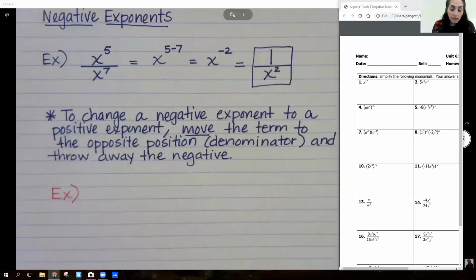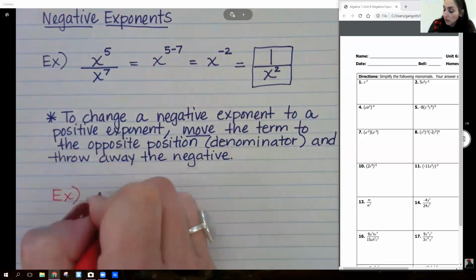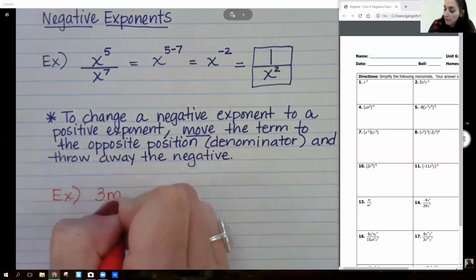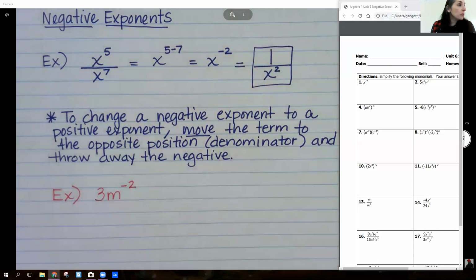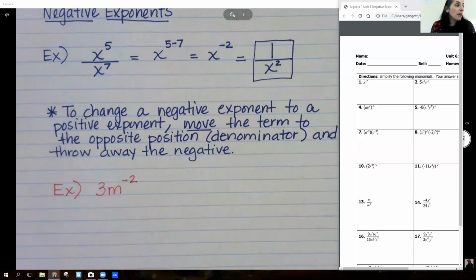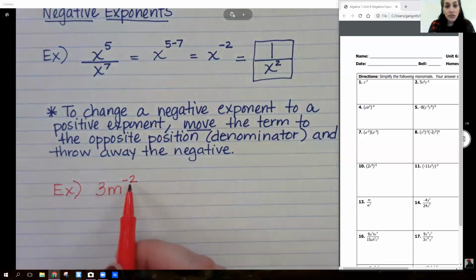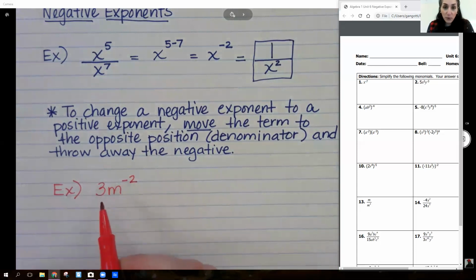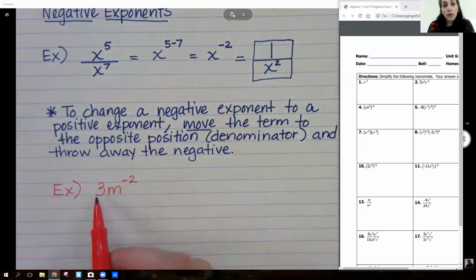3m to the -2 power, like that. It's very important that you recognize that this -2 goes with this m. But it doesn't go with the 3.